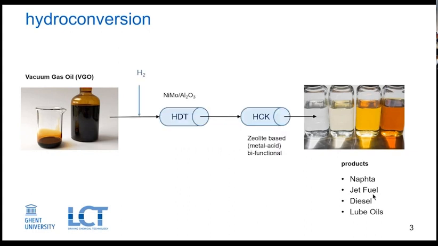The relevant idea here is that it's a hydroconversion process with a hydrogen supply, and it's typically performed in two stages. There's a first stage of hydrotreating using a nickel molybdenum over alumina catalyst. The main purpose of this stage is to remove contaminants present in the mixture, such as sulfur and nitrogen.